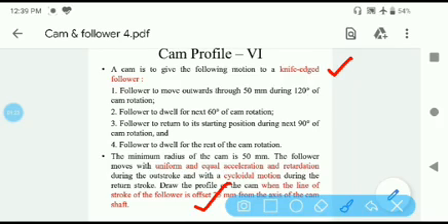Okay, so based on these two you do the cam profile. Okay, so that means you need to draw 3 cam profiles and submit it as an assignment. This time the assignment will be a graded assignment. Each cam profile will carry 5 marks.